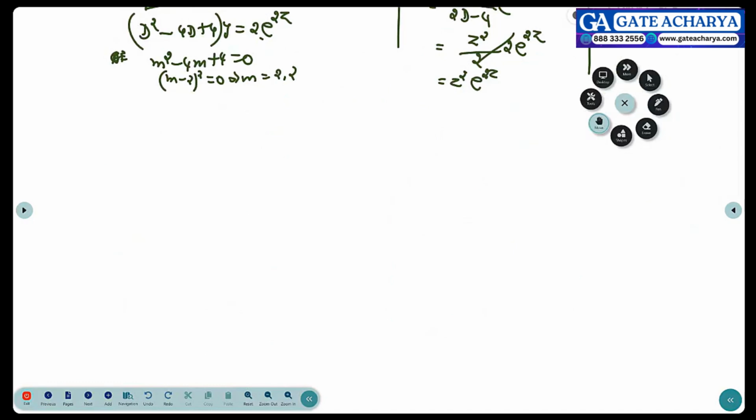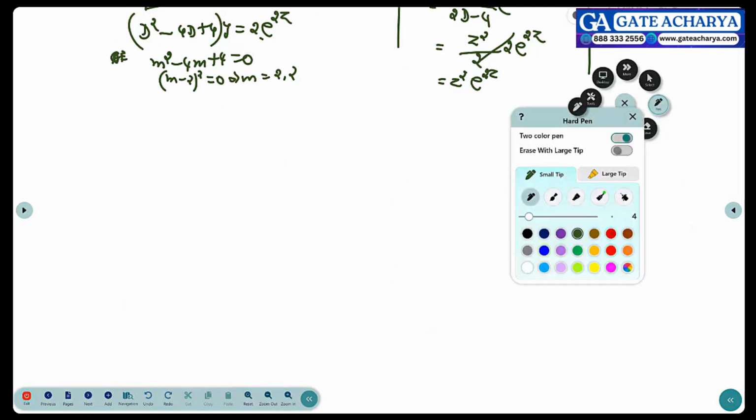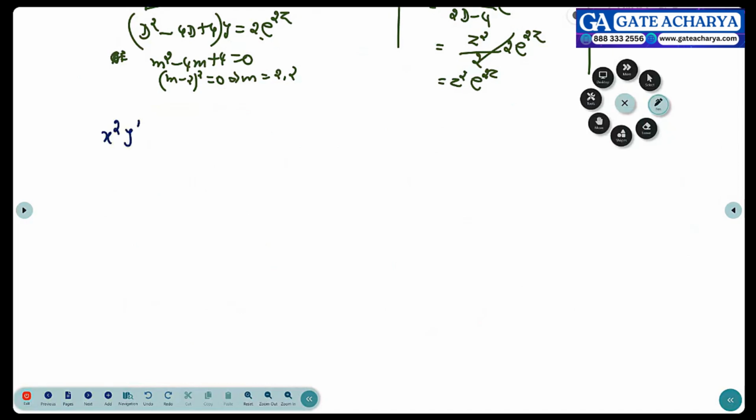Okay, find the solution of x square y double dash minus x y dash plus 2y is equal to 0.